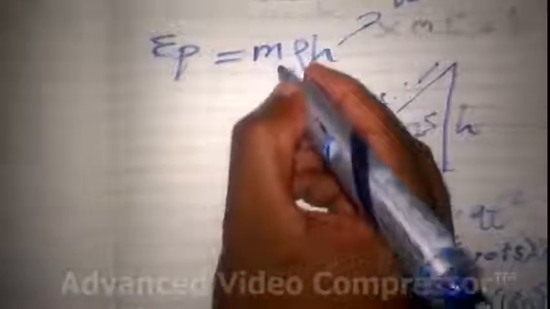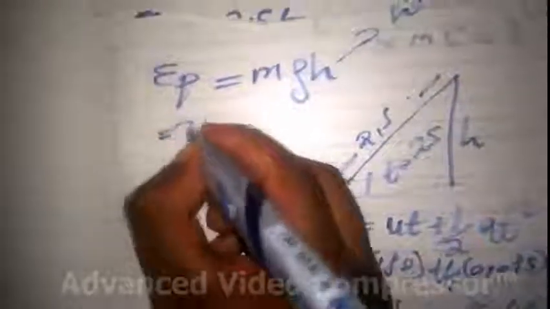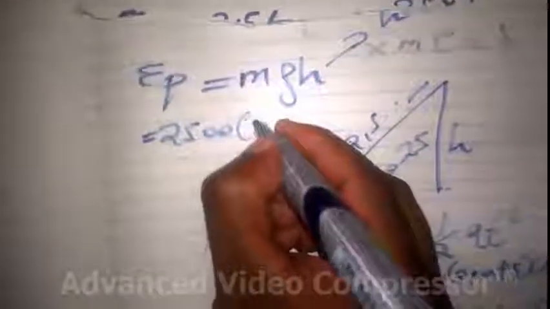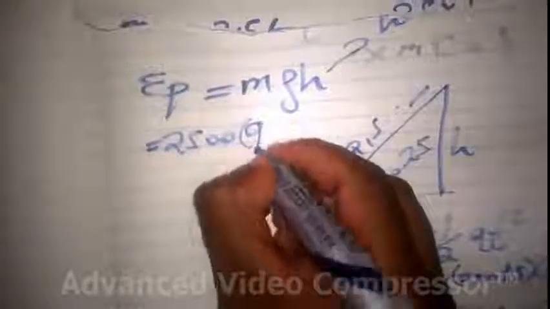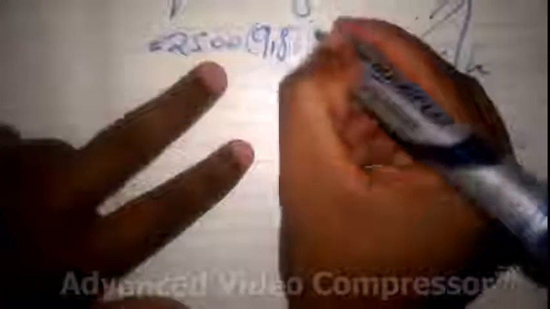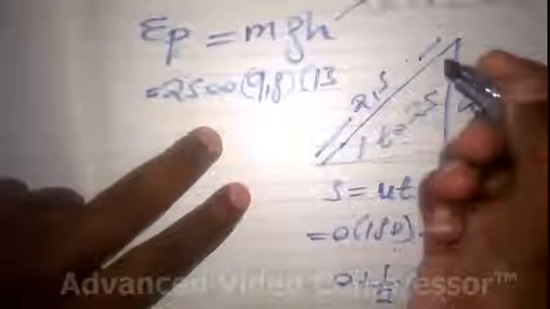We know our mass is 2,500, and this is the gravitational acceleration, 9.8, which we know is constant, and our height will be 1377 over 25.